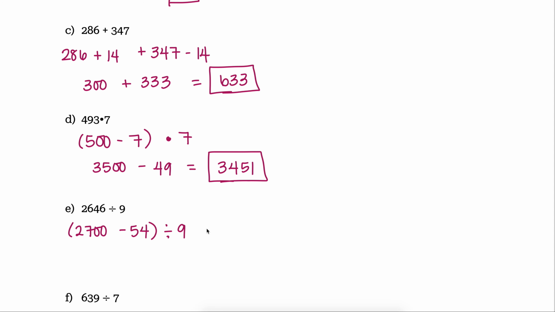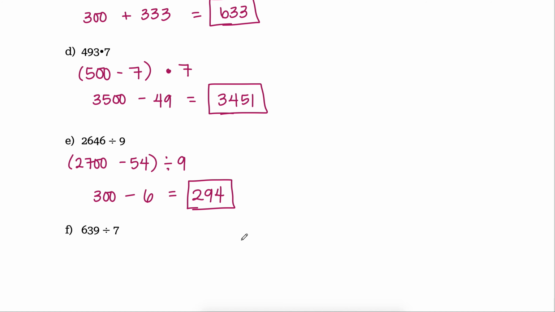Well, they're both divisible by 9. So I'm going to use that distributive property, but this time I'm dividing. So I'm going to take 2,700 and divide it by 9. That gives me 300. Minus 54 divided by 9, which is 6. So my answer here is 294. And I will admit that one is a little bit more of a stretch maybe than some of the others. That one may not come as naturally to some.